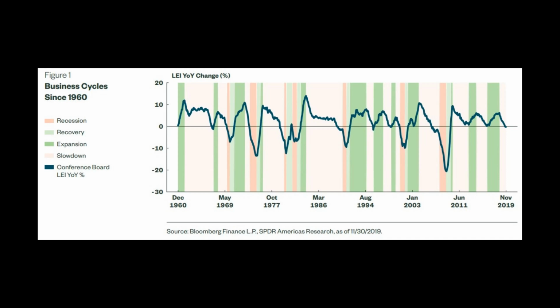In a slowdown, we tend to see capacity utilization reach a cycle peak and the output gap turn positive, meaning the economy is running beyond sustainable means.